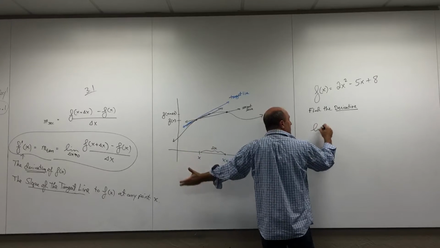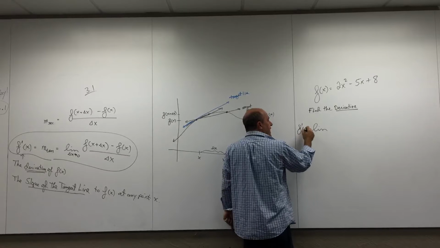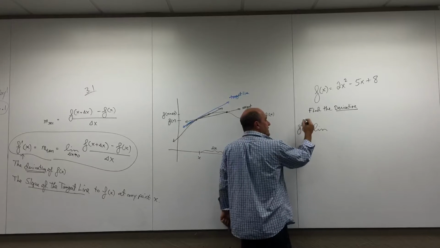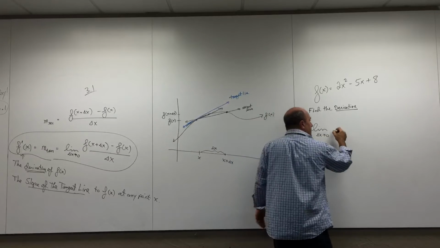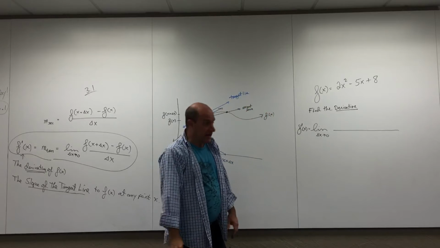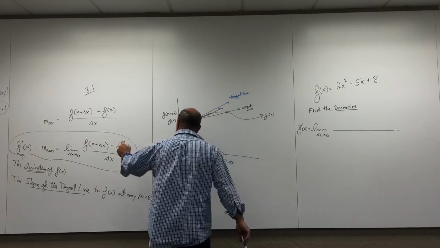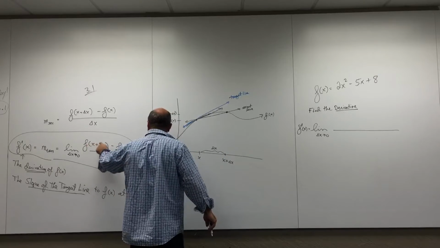So I'm doing the limit. I'm going to call this f prime of x, and it's the limit as delta x goes to 0 of f of x plus delta x. What is f of x plus delta x?